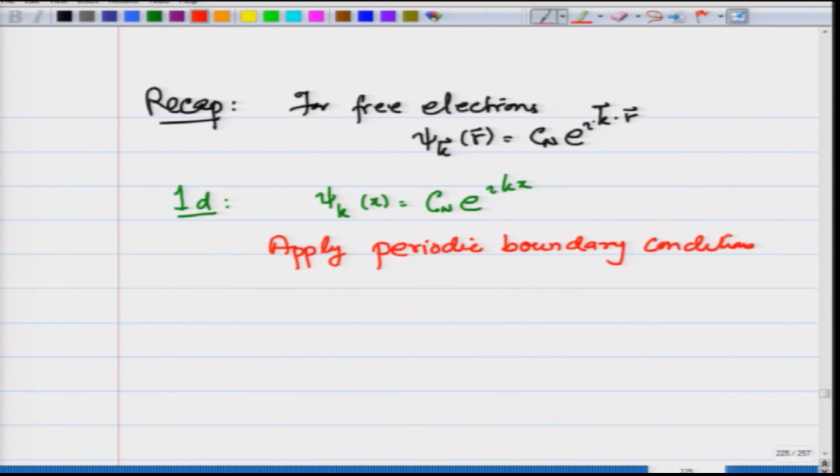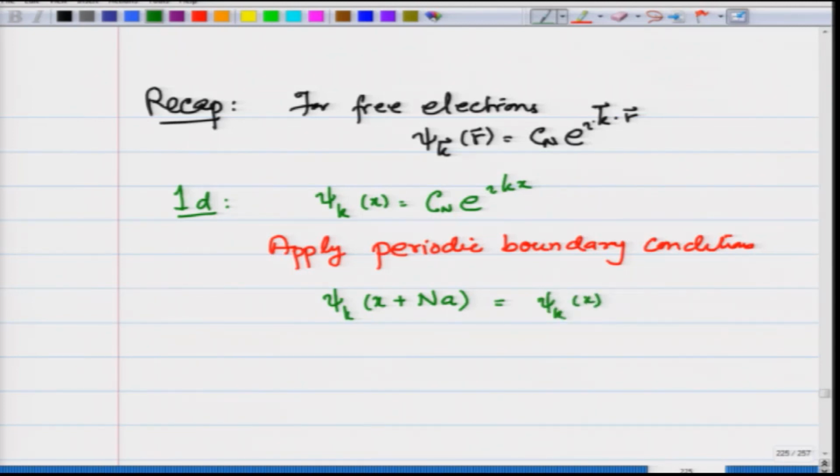And what did that mean? That meant that we said that psi k x plus some n a, where a is the lattice spacing and n is the number of units that we are considering, is psi k x.